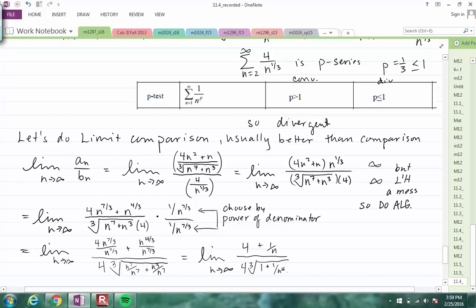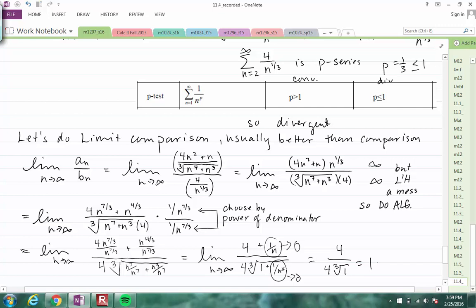Now it still looks kind of weird, not simplified, but because we multiplied by this really special choice of the power, that guaranteed that I could evaluate this limit directly in this step after we simplified all the fractions. 1 over n as n goes to infinity goes to 0. 1 over n to the fourth goes to 0. The rest of this stuff is constant. So what we get here is 4 over 4 times the third root of 1. And this is just going to be 1.